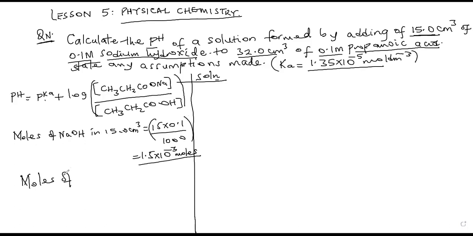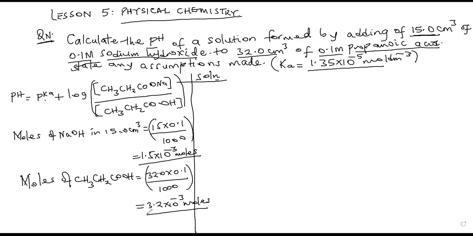After getting moles of sodium hydroxide, we need moles of propanoic acid. So our moles of propanoic acid are going to equal, we are getting moles in 32, so it will be 32 times the concentration 0.1. We shall divide this by 1,000. So when you do this, you're going to get 3.2 times 10 exponent negative 3 moles.